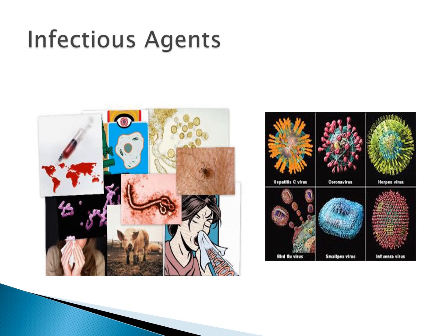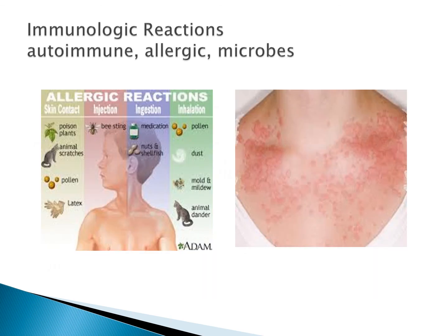Infectious agents starting from viruses like herpes viruses, coronavirus, hepatitis C virus, influenza viruses, all of these viruses can injure tissues, also bacteria, protozoa, parasites, worms, all of these can lead to cell injury.